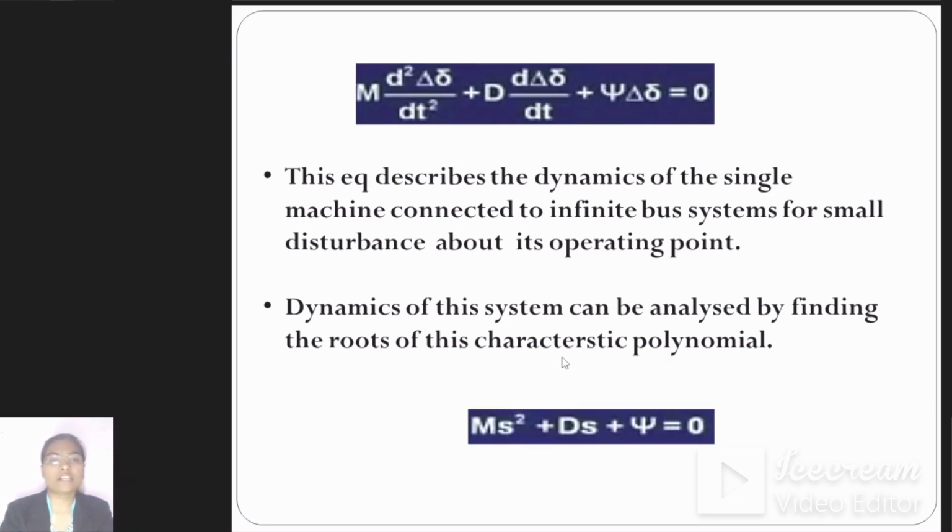Taking the Laplace transform of this equation, the d²/dt² term will give you the s² term, the first order derivative will give you only s, and this can be simply written as ψ. So you get M s² plus D s plus ψ equal to 0.